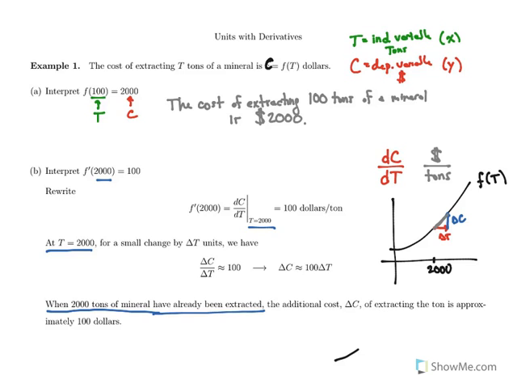Think about that in the graph. We have some function, f of T. Here's 2,000. If we extract one more, that means we are going to go up 100 units in C. And that's because the slope here is 100 over 1, or 100.